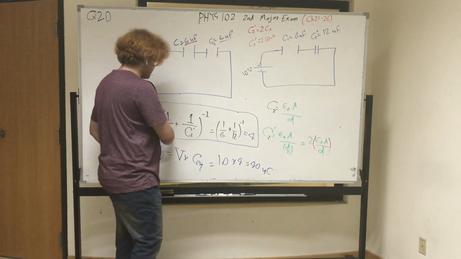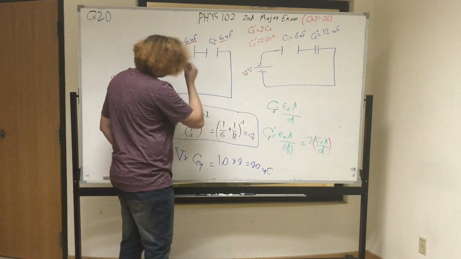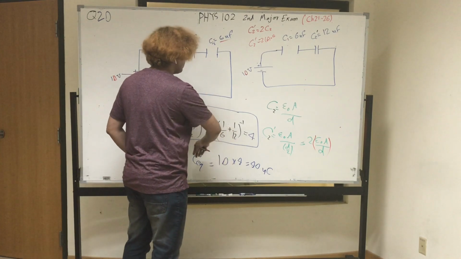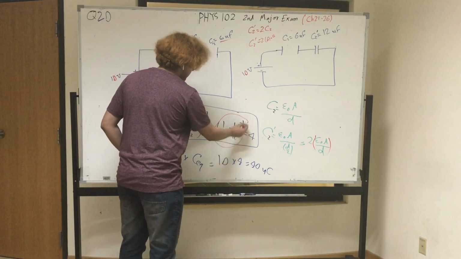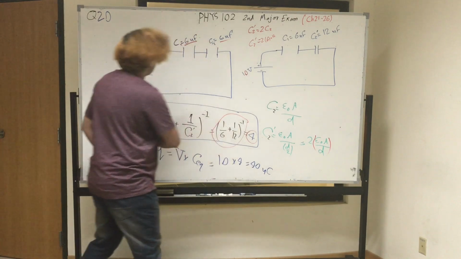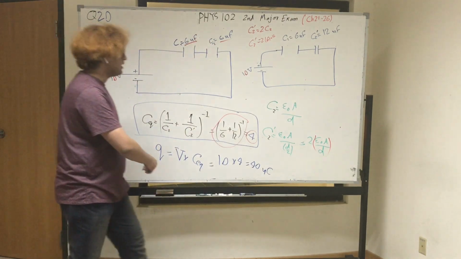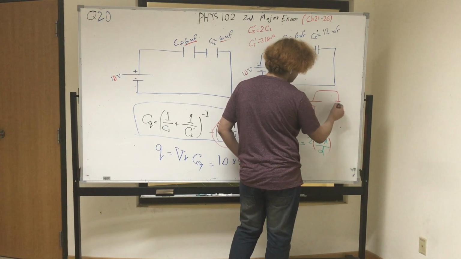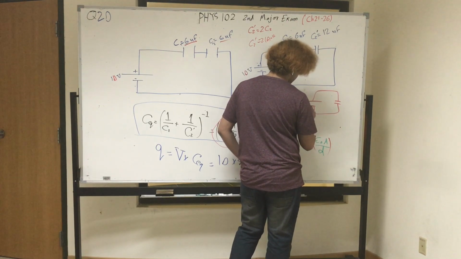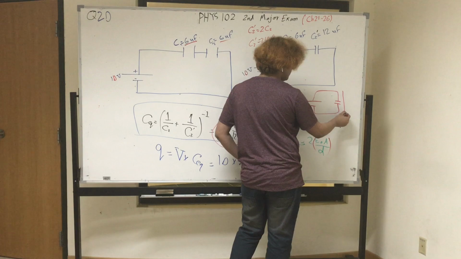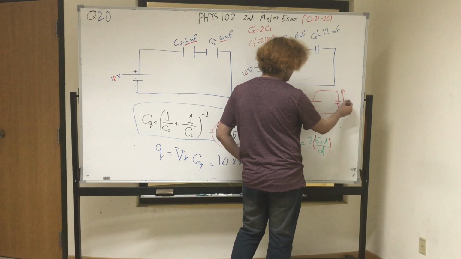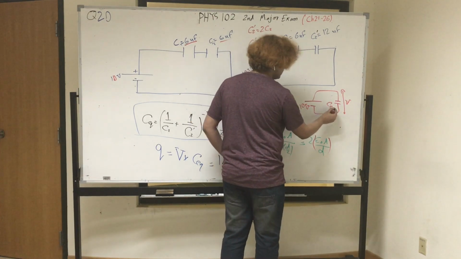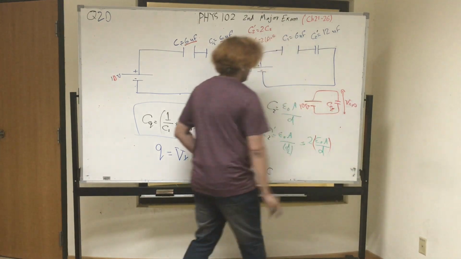We just plug numbers in, like C1 is equal to 6, C2 prime is equal to 12. Plug this into your calculator, you're getting 4. And we already know that the circuit is going to look something like this after we do the addition, 10 volts. So the voltage across this equivalent capacitor is going to be 10.